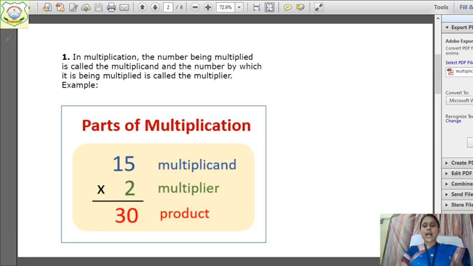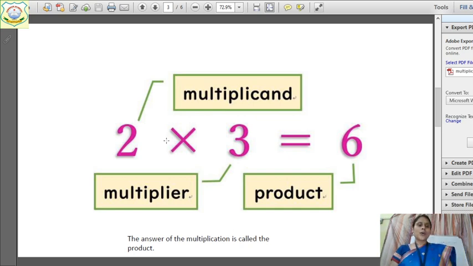Yes? So now we'll come to our next page. Let's see next page, children. Okay. So here you can see 2 into 3 is equal to 6. By seeing this number, what comes in your mind? Tables. Yes? Tables are written in this form. There also you will find multiplicand, multiplier and product. The number which is being multiplied is known as multiplicand.